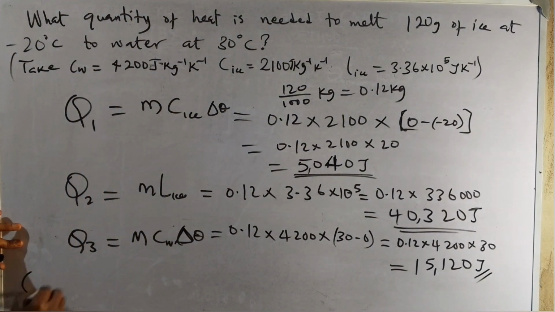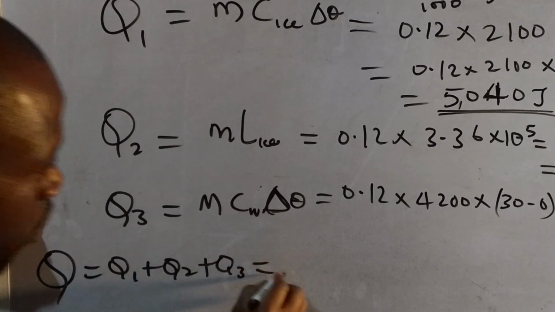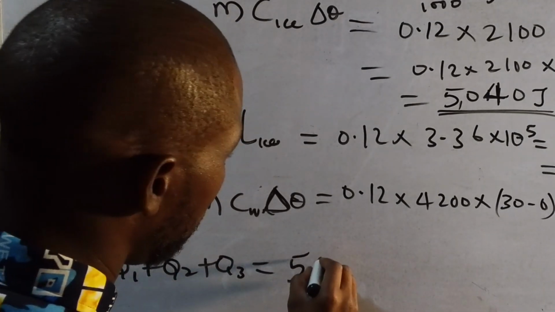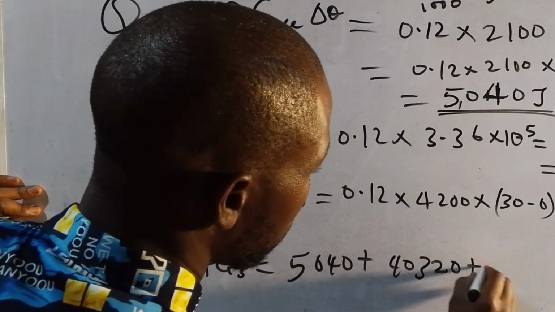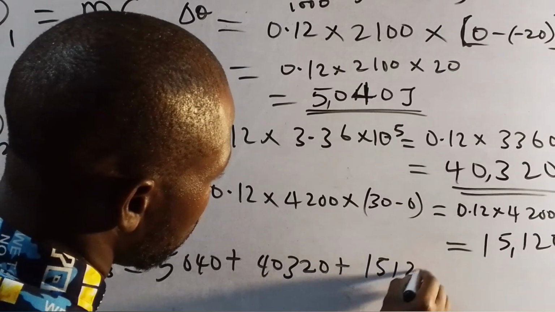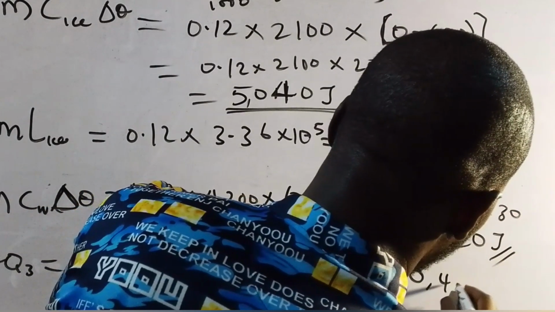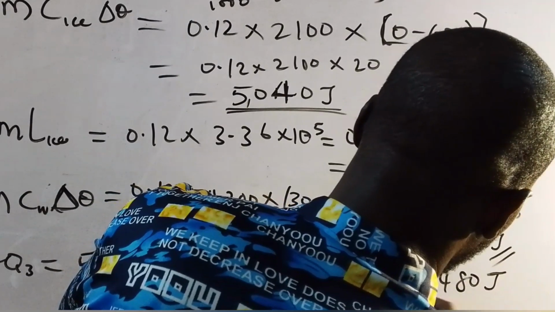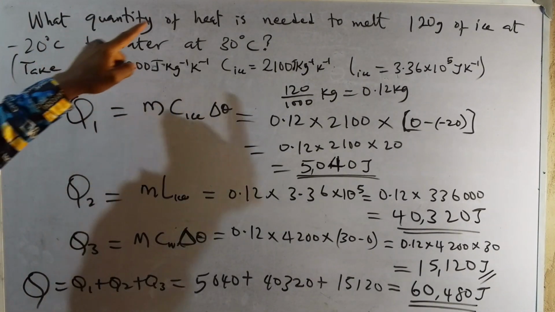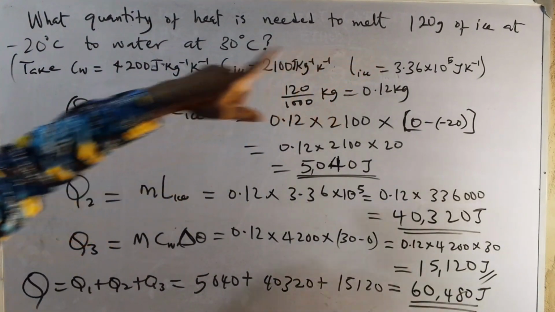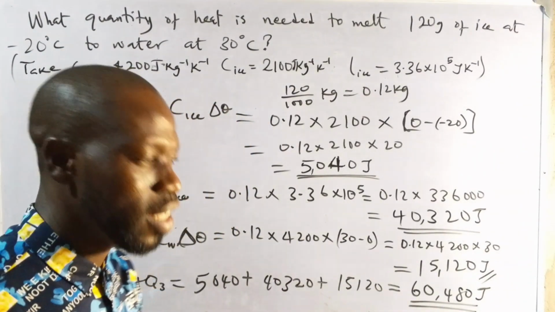So the total quantity of heat required is equal to Q1 plus Q2 plus Q3, which is 5040 plus 40320 plus 15120, which gives us 60,480 joules of heat. That is what will be required to melt 120 gram of ice at -20 degrees to water at 30 degrees Celsius.